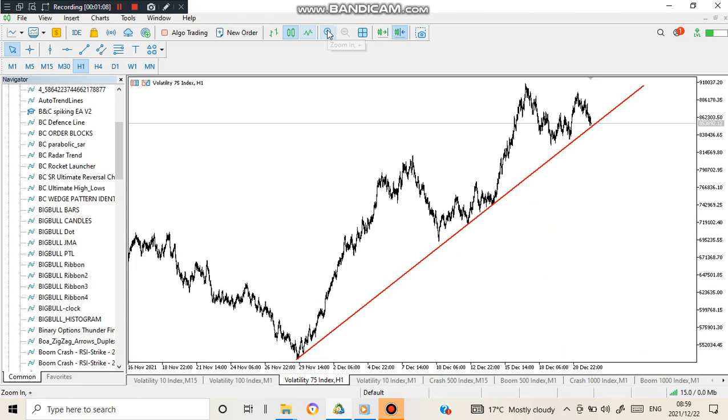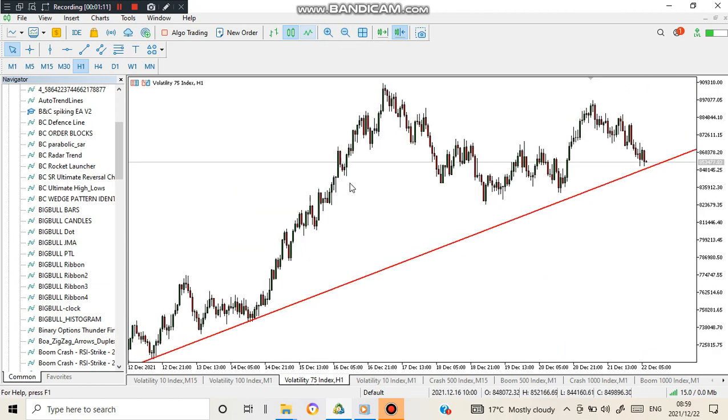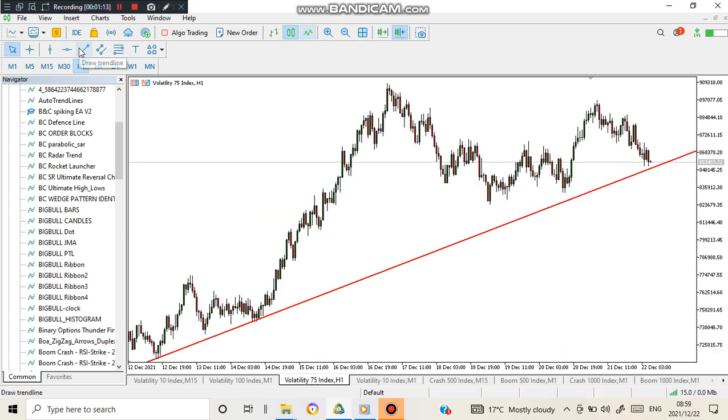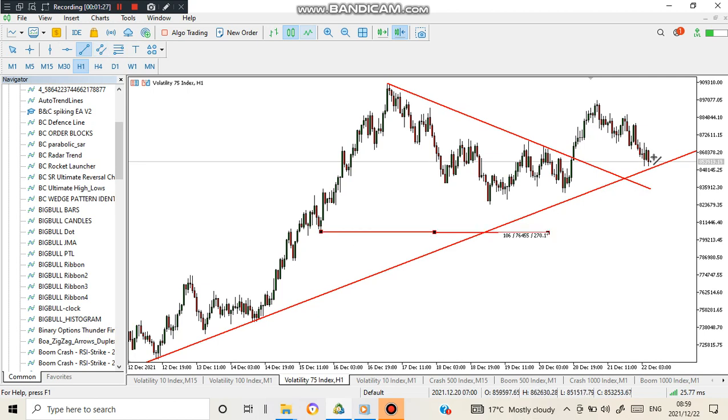When we zoom the chart in, what we can see is that on the 1 hour time frame there was a nice pattern. If you know how to trade, you would have seen this pattern, this nice triangle pattern. Check this out, it just broke out of this level.